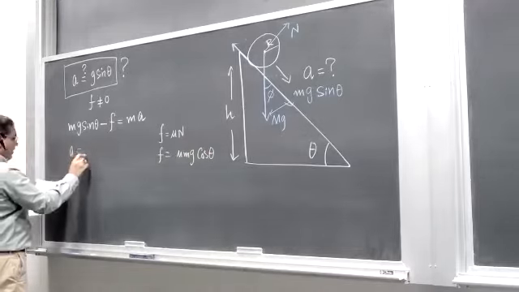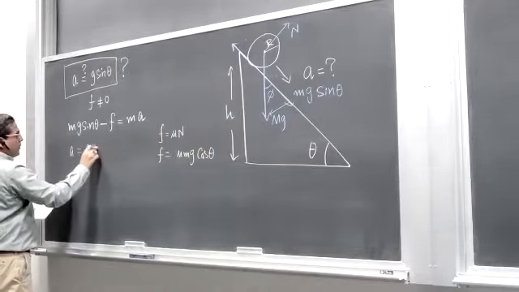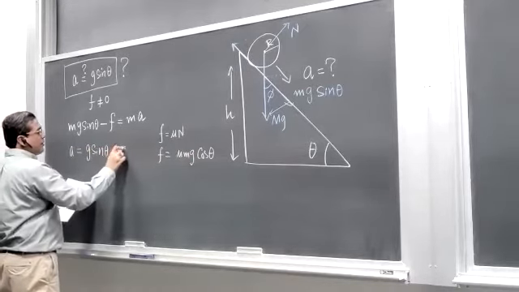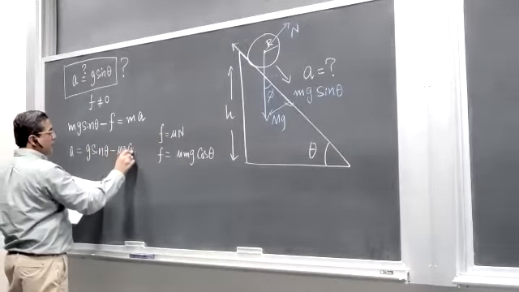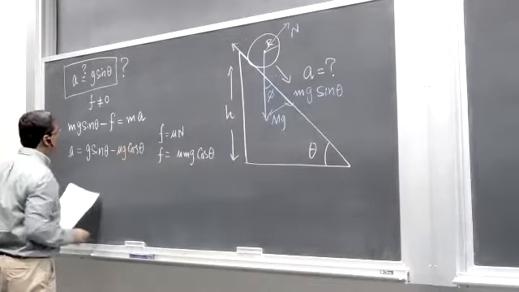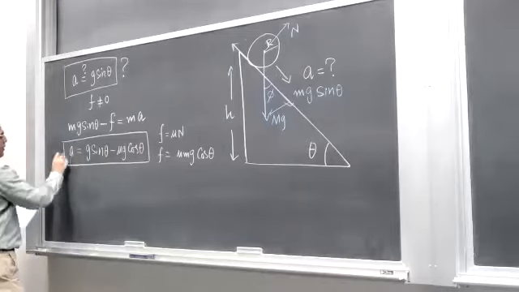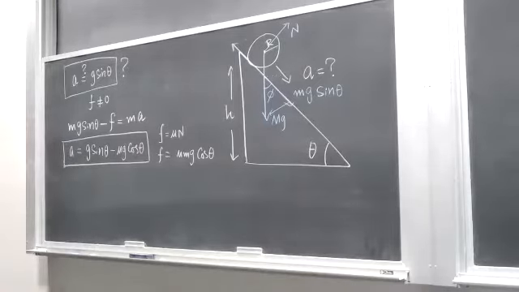A equals g sine theta minus mu g cosine theta, right? ये आ जाएगा acceleration का expression. ठीक है? Is that all right? Yes sir, समझ आ गया.